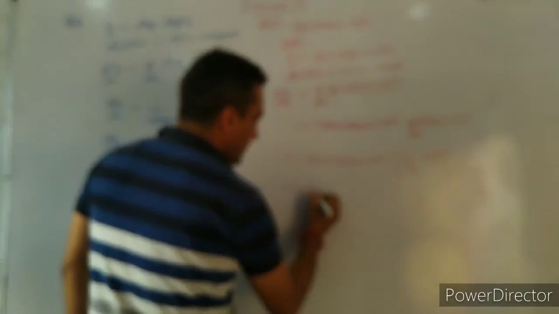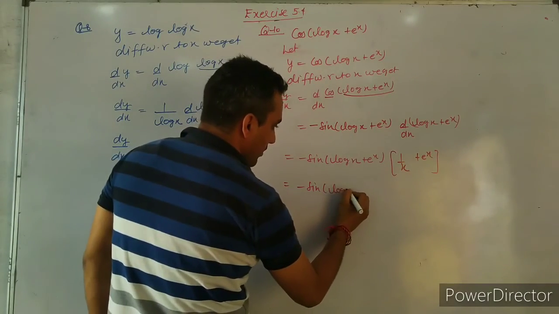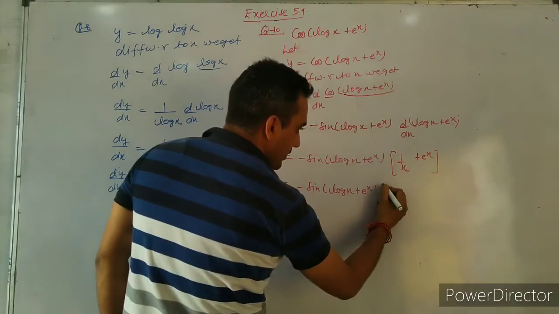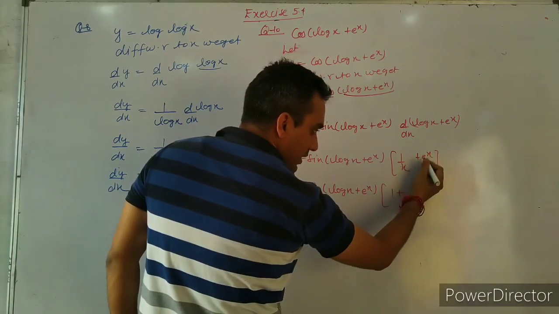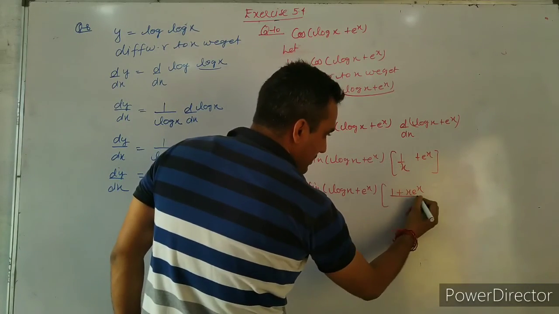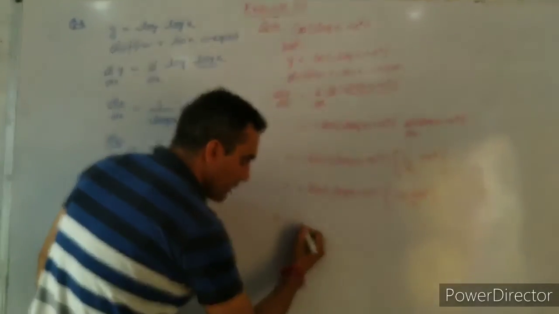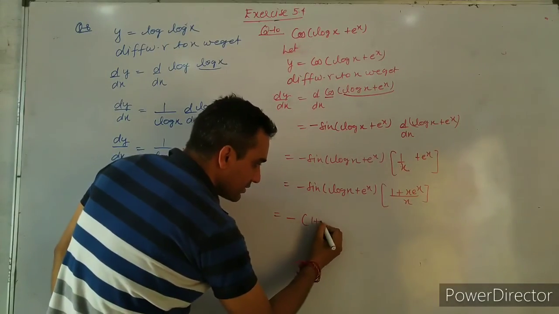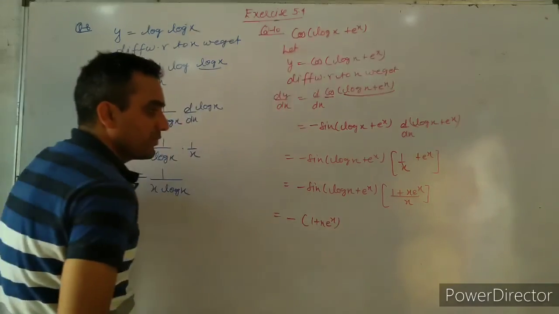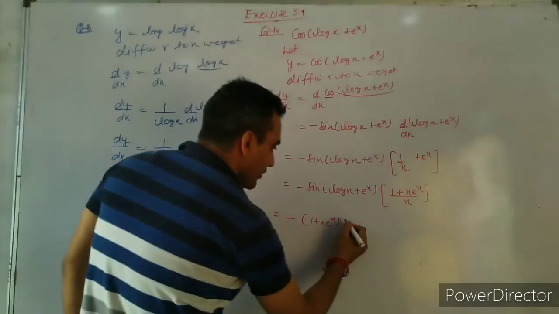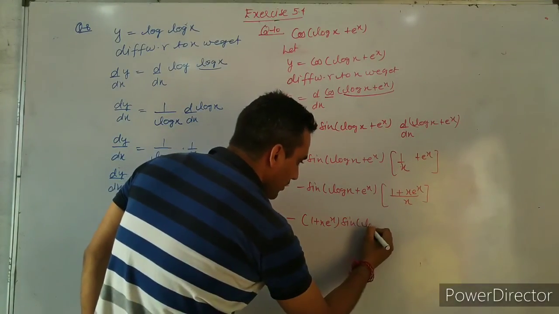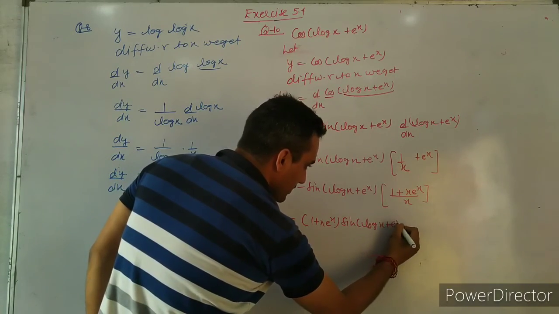So minus sine of log x plus e to the power x times 1 plus x e to the power x upon x. So our final result is minus, I will write this in the beginning, into sine of log x plus e to the power x.